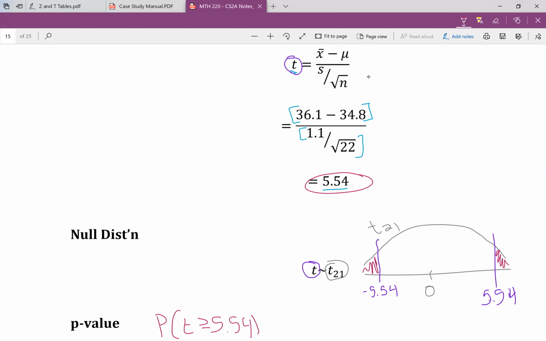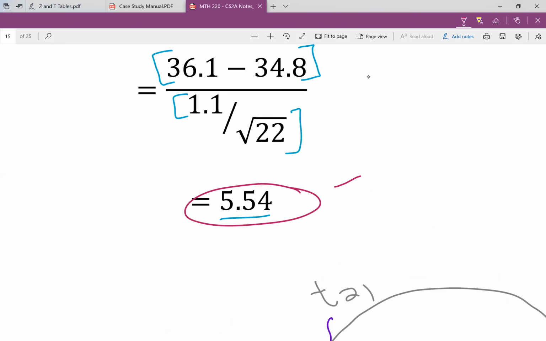I did greater than here because my test statistic is a positive number. If you look at my graph, if I plot 5.54, the closest tail is above it. So in short, whenever your test statistic is positive, you want to do greater than or equal to. If your test statistic is negative, you would do less than or equal to.